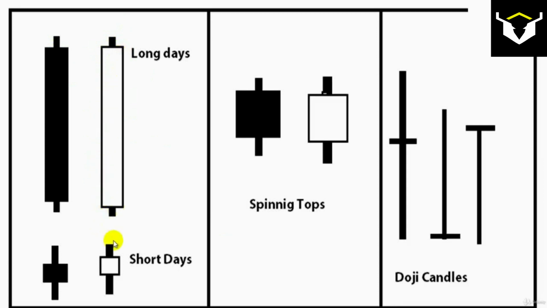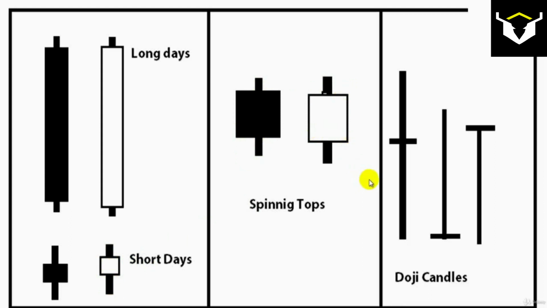prices. Short days have shorter bodies, whereas shadows are longer and the body is short. Spinning tops have short bodies and longer hair, or highs and lows. These are named spinning tops because they look like a spinning top.